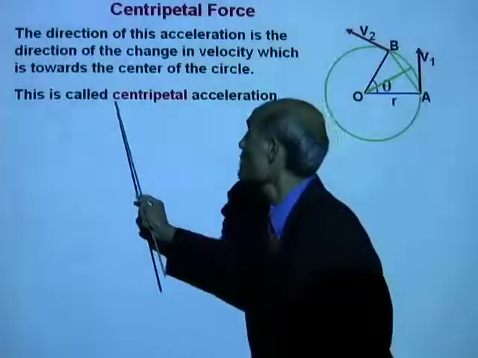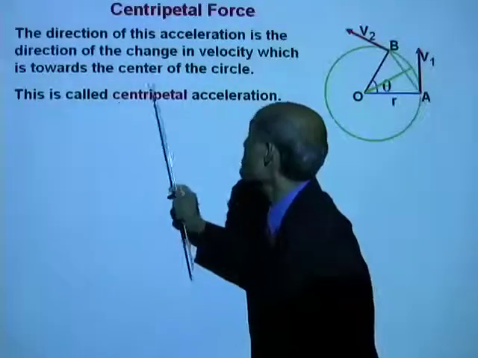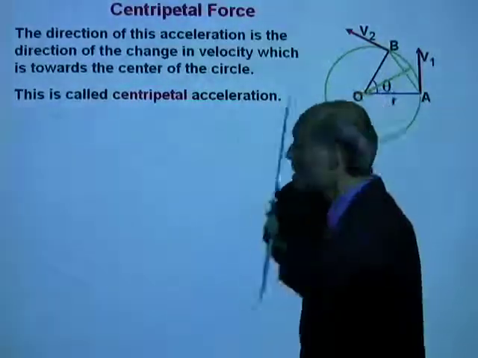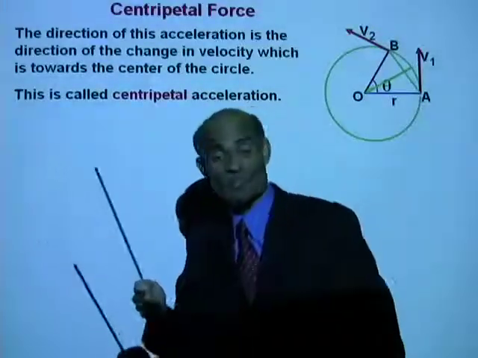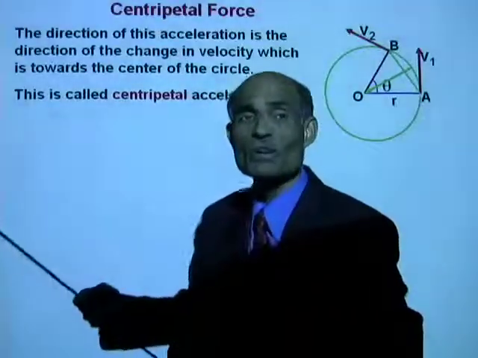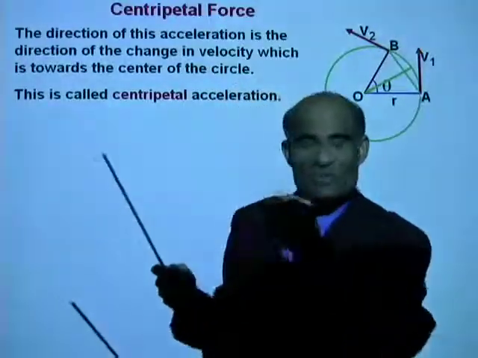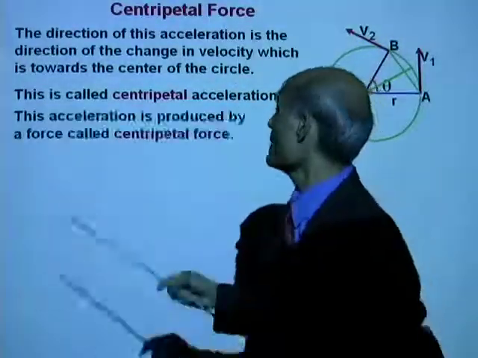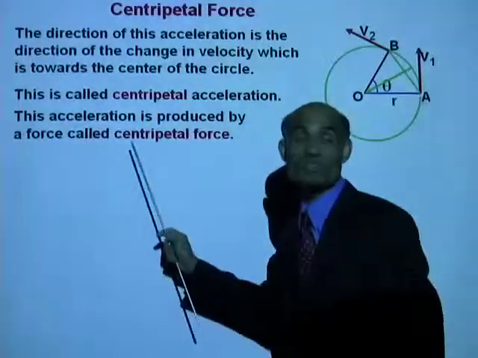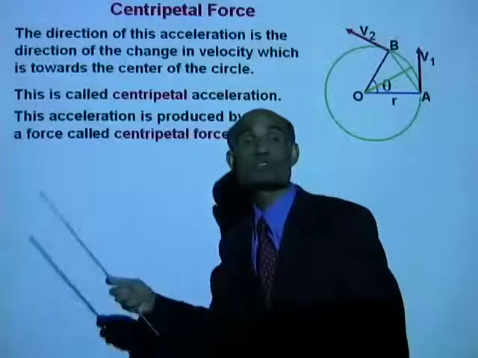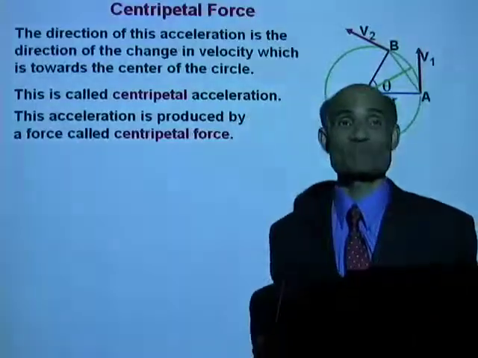So this acceleration is called the centripetal acceleration. Why is it called the centripetal acceleration? Because the acceleration is directed towards the center. Now, this acceleration is produced by a force, and we call that force centripetal force.